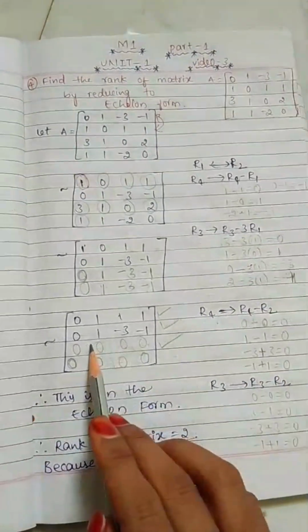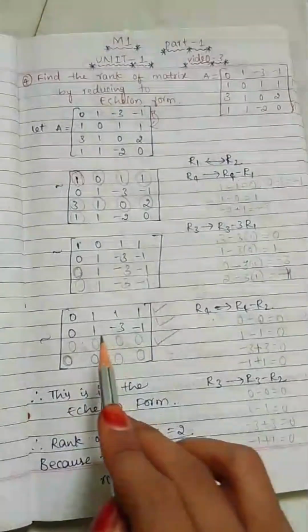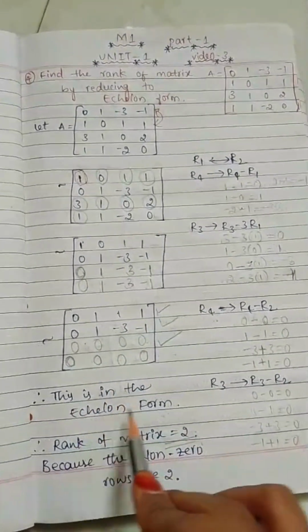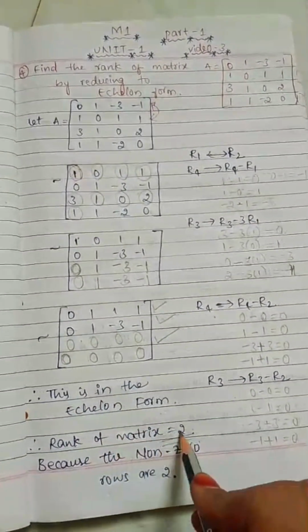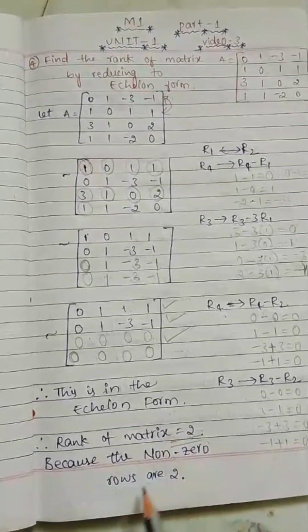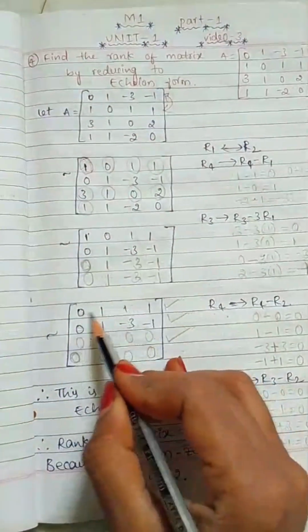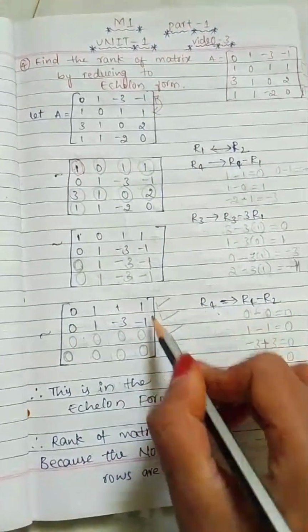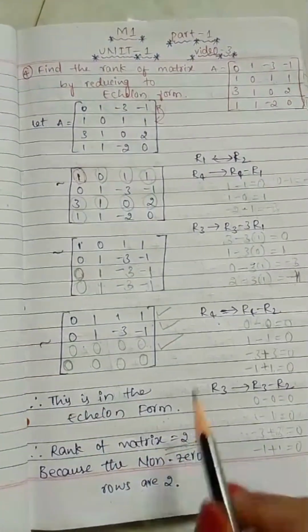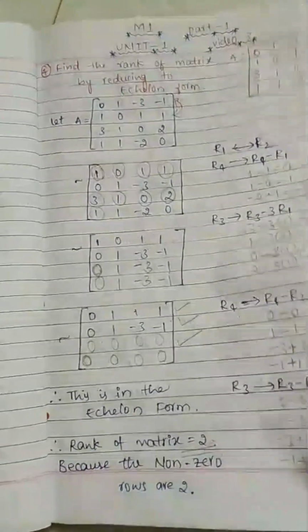If you don't get it here, then you can do one more step to reduce it to 0. This is in the echelon form, and the rank of the matrix is 2, because the non-zero rows are 2. We got 2 non-zero rows. That's why the rank of the matrix is 2. Very simple, right?